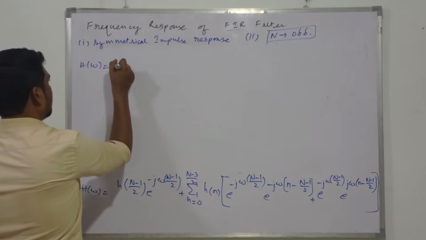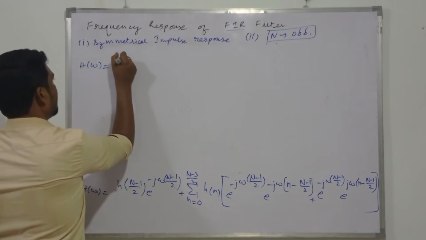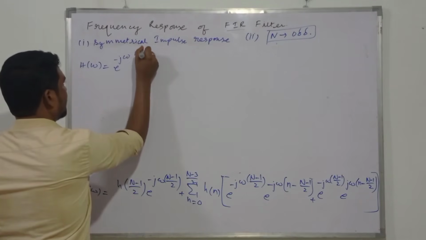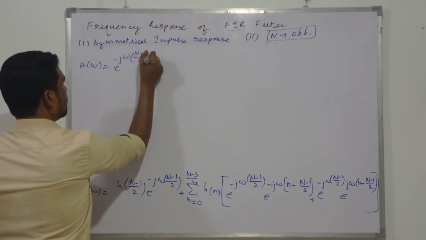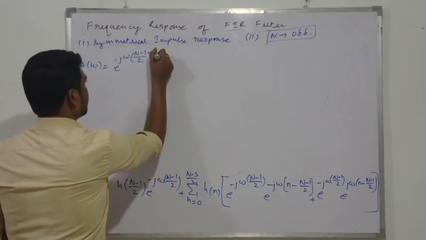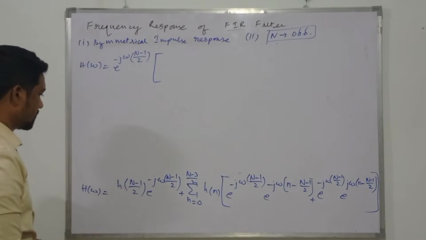So from the first term, e raised to minus j omega (N minus 1)/2, from here. So close the bracket, right? So what do we have?